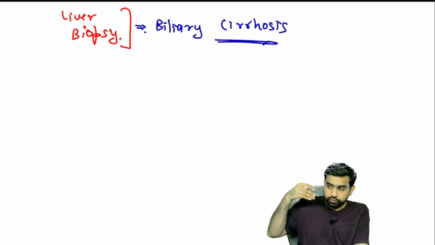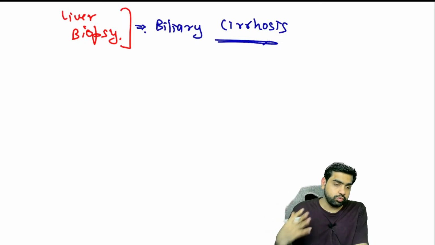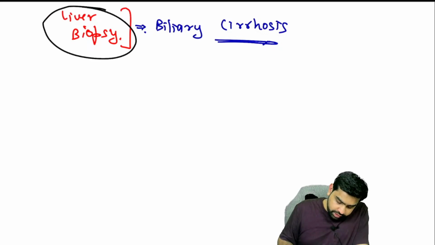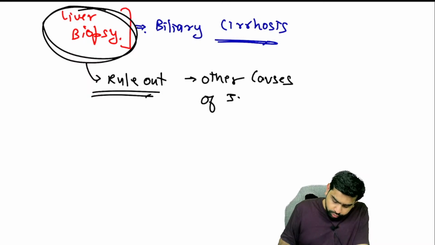Because of the bile stasis, the liver basically fails. So what we get is a biliary cirrhosis on the liver biopsy. But what you need to understand is this liver biopsy is basically done to rule out other causes of jaundice in neonates.